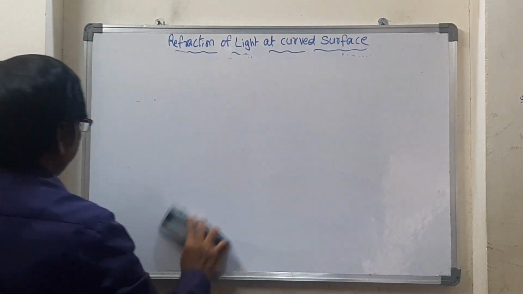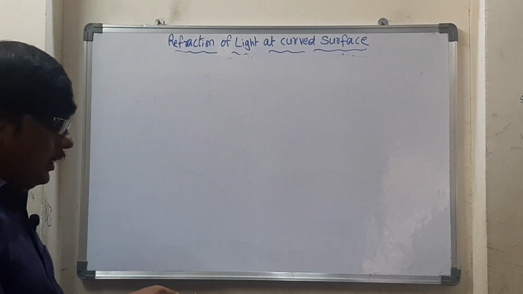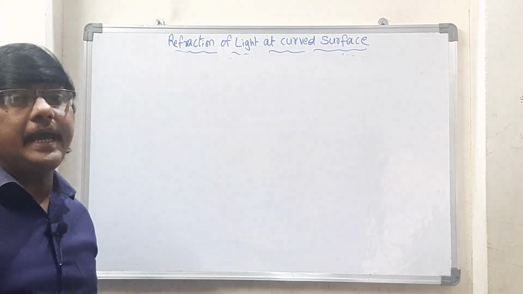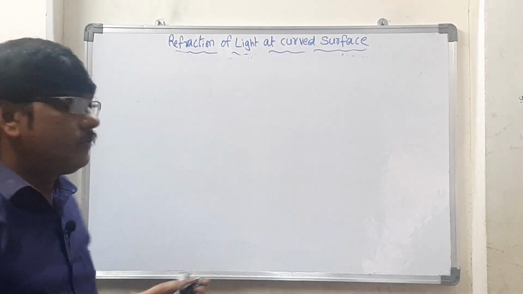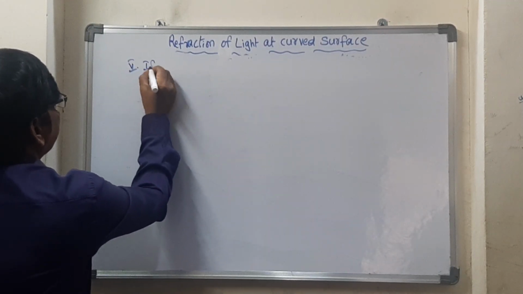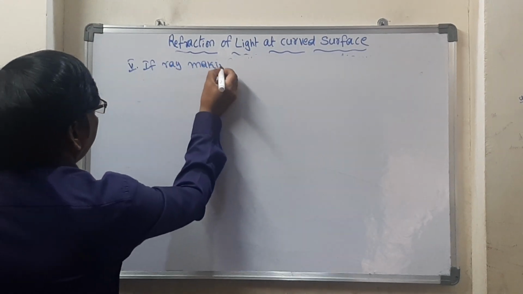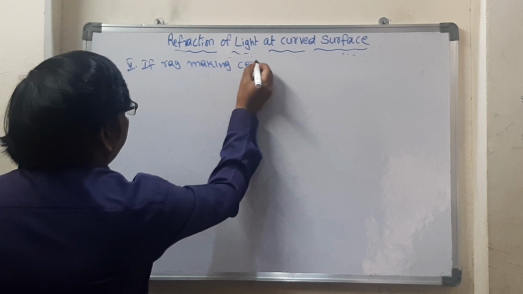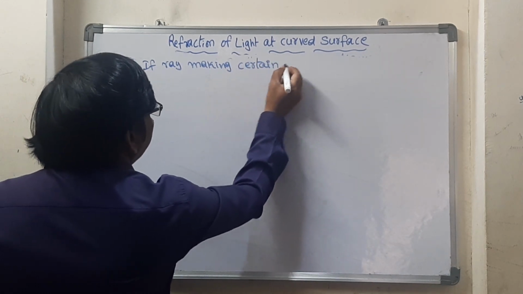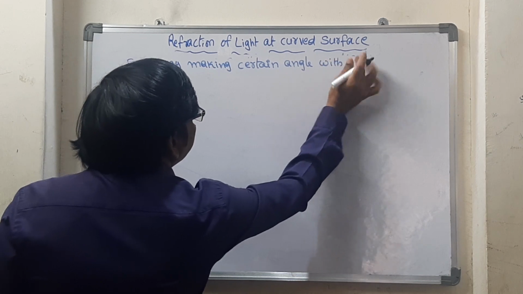In the last situation, we can go with the ray making a certain angle with the principal axis. If so, the fifth case we can take is a ray making a certain angle with the principal axis.